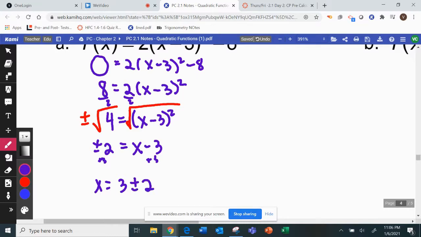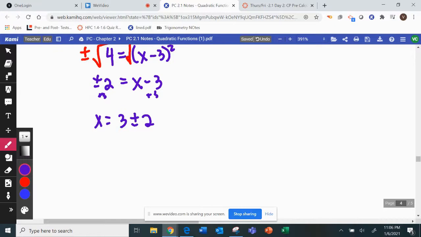Now I have to find the x-intercepts, and this is not in a form that says x-intercepts. Plus, I can add together 3 and 2 or subtract 3 and 2. So I'm going to go ahead and make my first x 3 minus 2, which is 1. And my second x, I will make 3 plus 2, which is 5.